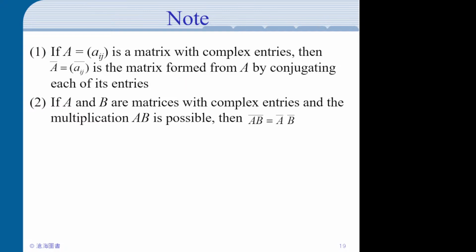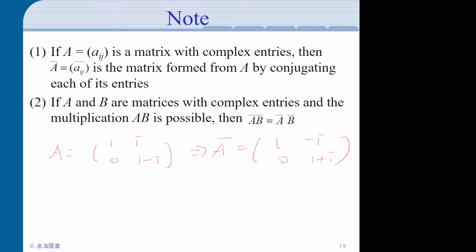Maybe let's write an example. Let A equal (1, i; 0, 1 minus i), and then A bar will have a minus sign before every i, so (1 minus i, 0; 0, 1 plus i), etc.